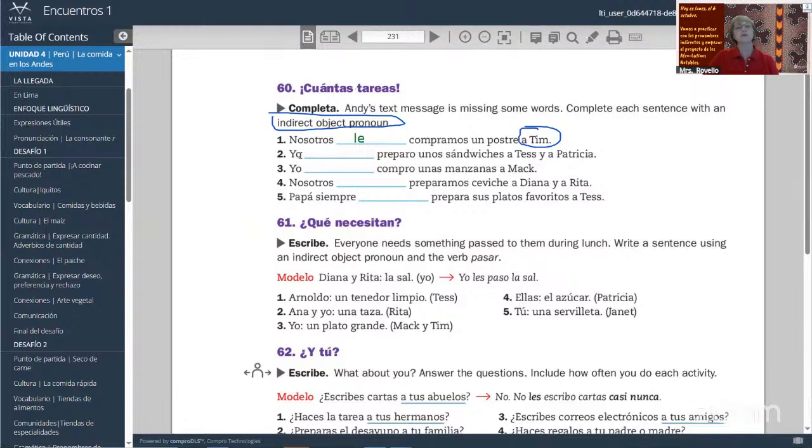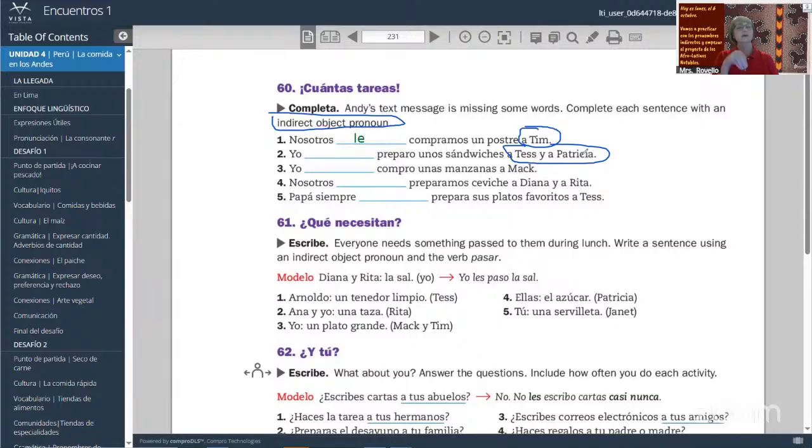Okay, so let's try number 2. Yo preparo unos sándwiches a Tess y a Patricia. So once again, you guys, our clue is a Tess and Patricia. So 2 ladies, right? So what we're saying is I prepare some sandwiches for them. For them. So what is our plural? Good, Jo Marion.